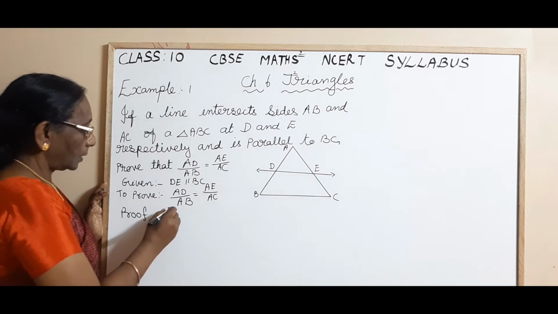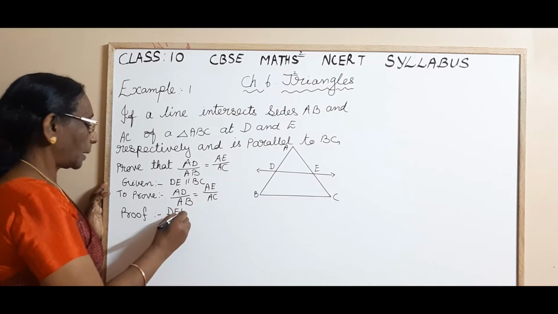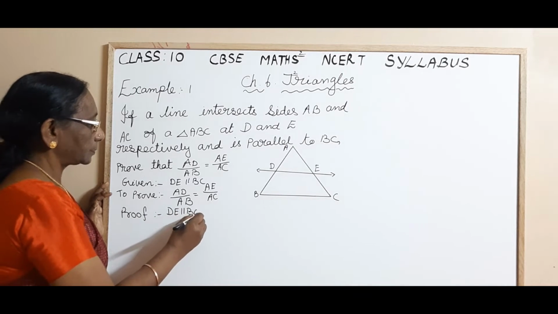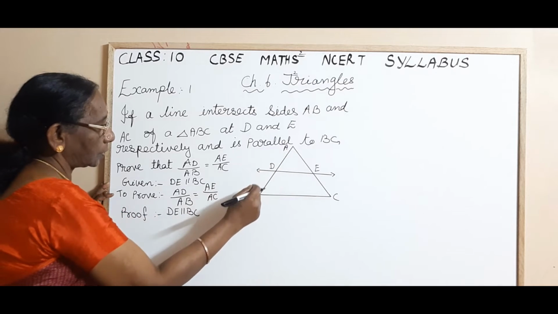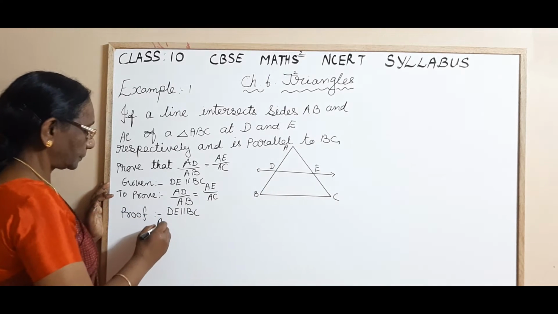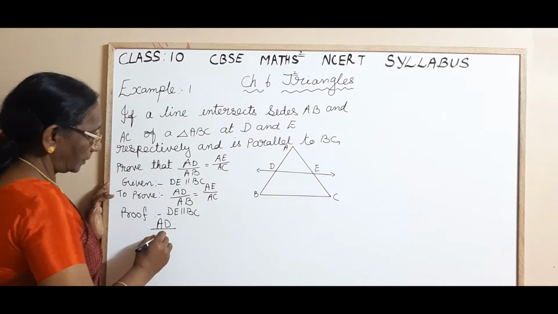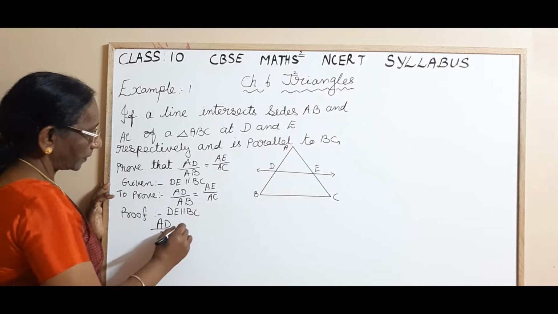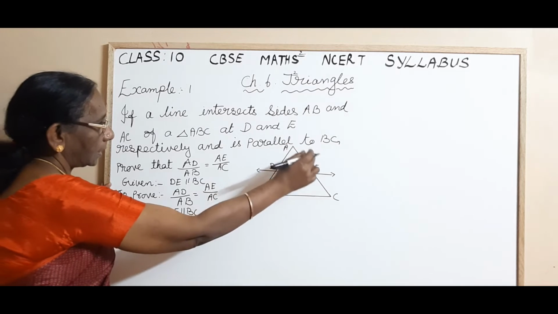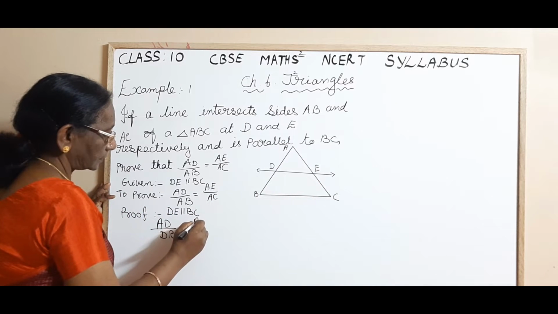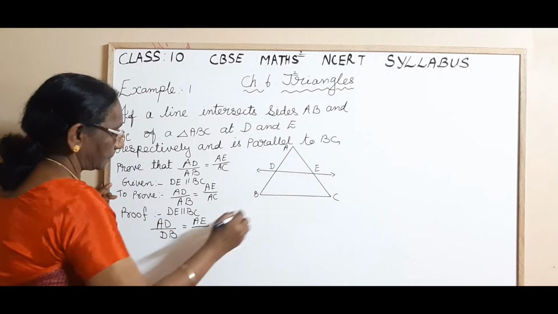Okay, DE parallel to BC. So, which ratios are equal? AD by DB is equal to AE by EC.